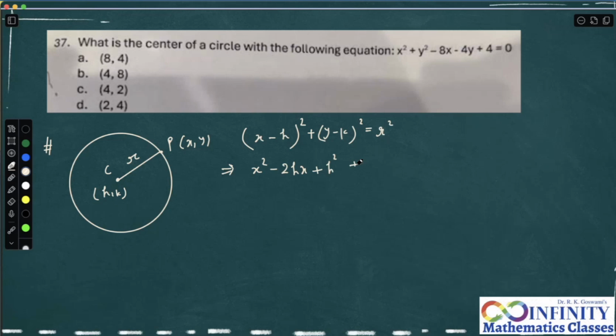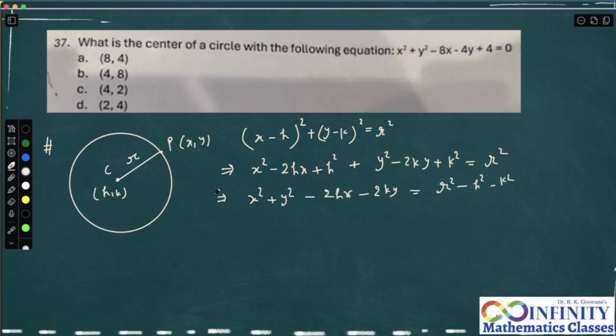Okay, and you just open the bracket for (y minus k) square. It is y square minus 2ky plus k square. So you just write x square, y square together. Next, 2hx and 2ky together. And the remaining you can just transfer on the right hand side.